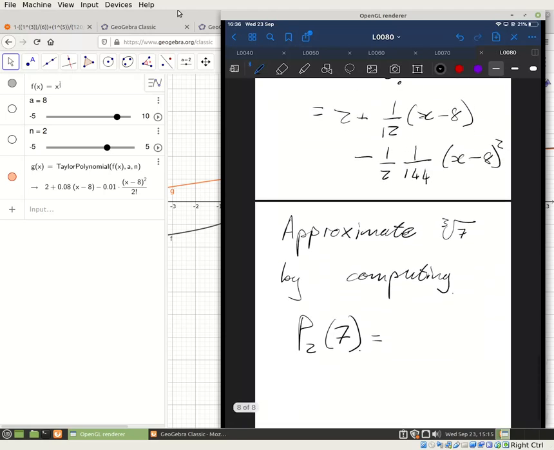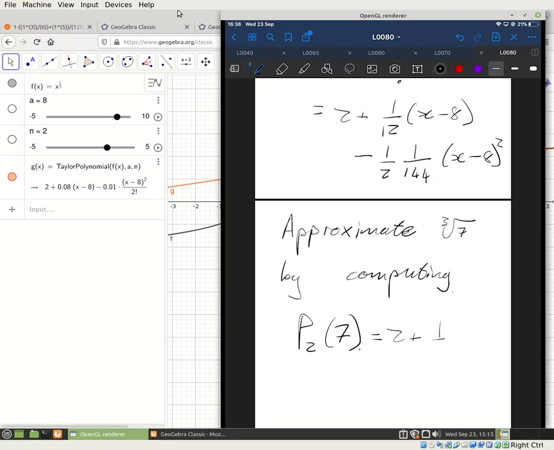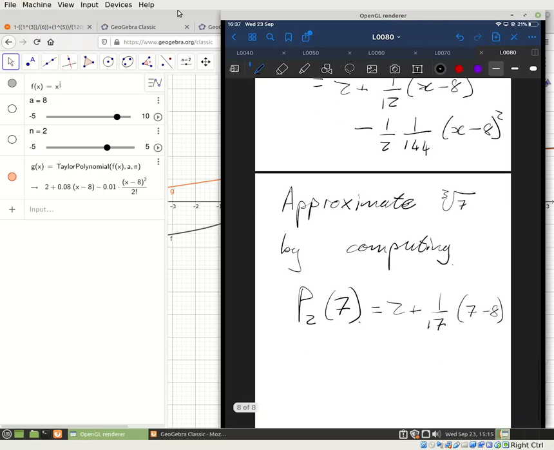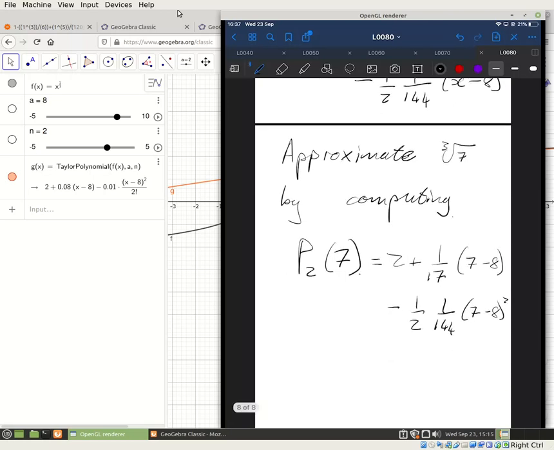This is 2 plus 1 over 12 times 7 minus 8, minus 1 over 2 times 1 over 144 times 7 minus 8 squared.